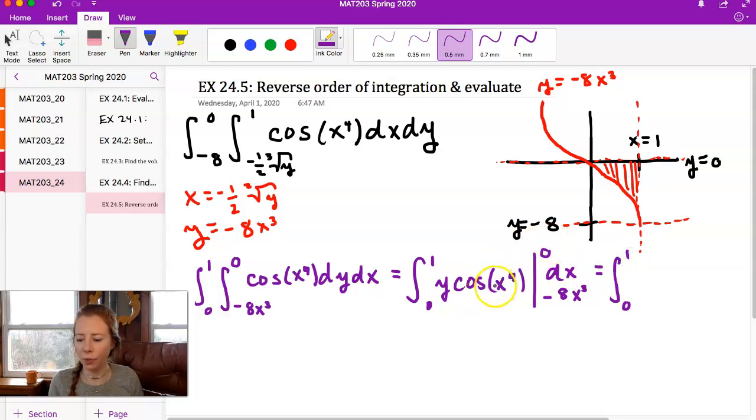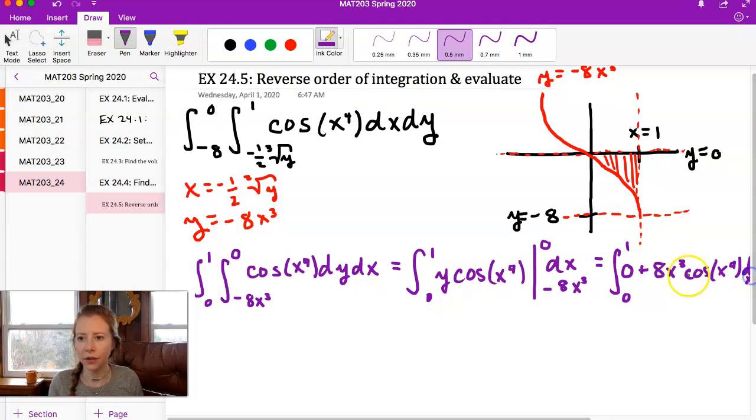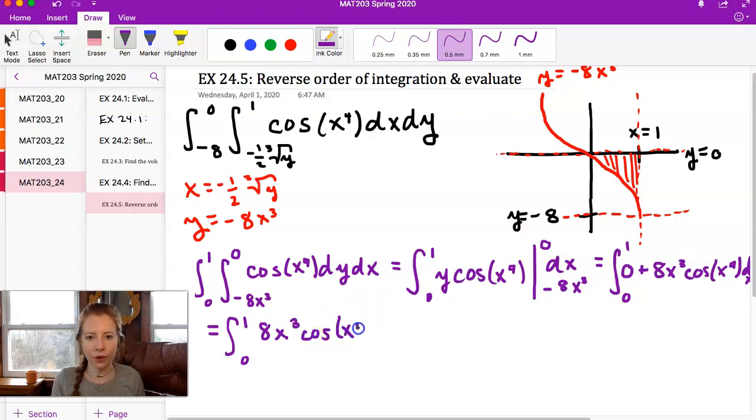With 0 for Y, that's going to give us 0, minus a minus, so it's going to give us +8x cubed cosine x to the 4th dx. And just to write that a little clearer, we're going 0 to 1 of 8x cubed cosine x to the 4th dx.